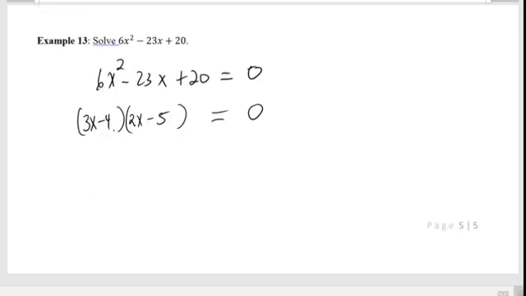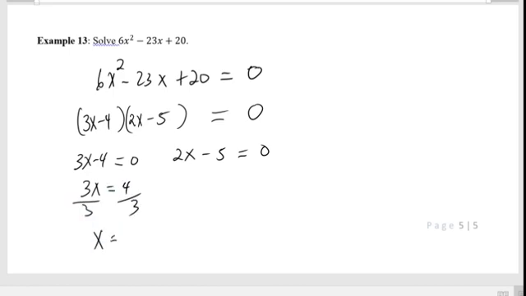So since I have these two factors being multiplied equal to 0, then we can set each one equal to 0 and solve for x. If I add 4 on both sides, divide by 3, then I get x equal to 4/3. And if I add a 5 here on both sides, divide by 2, then I get x equal to 5/2.